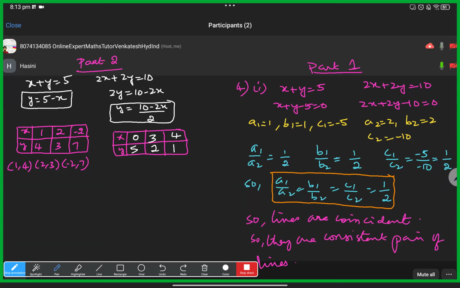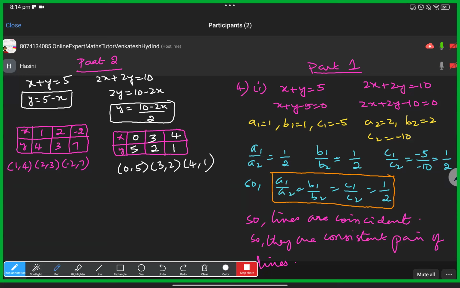So the solutions for this are 0, 5; 3, 2; and 4, 1.